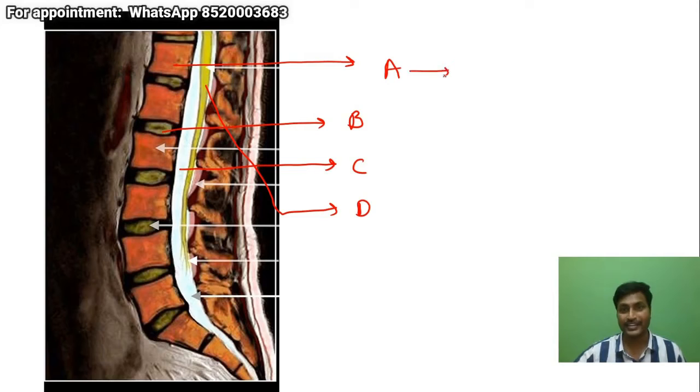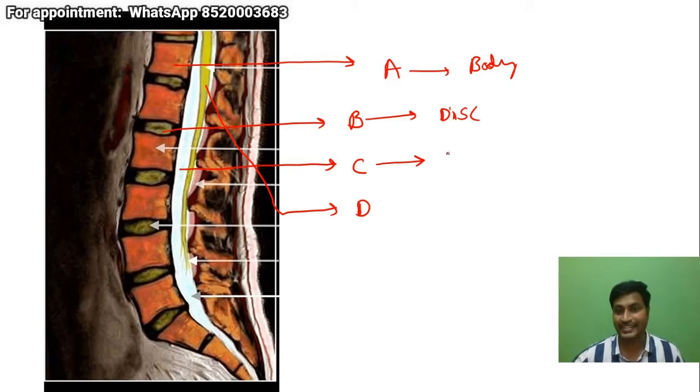A is body, right? What is B? B is disc, right? What is C? Okay, disc, or nucleus pulposus, it's okay. Then what is C? I'm waiting for C. Yeah, C is CSF.